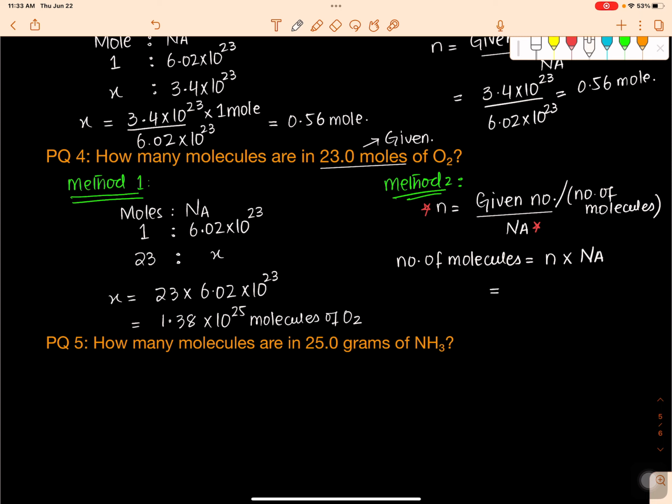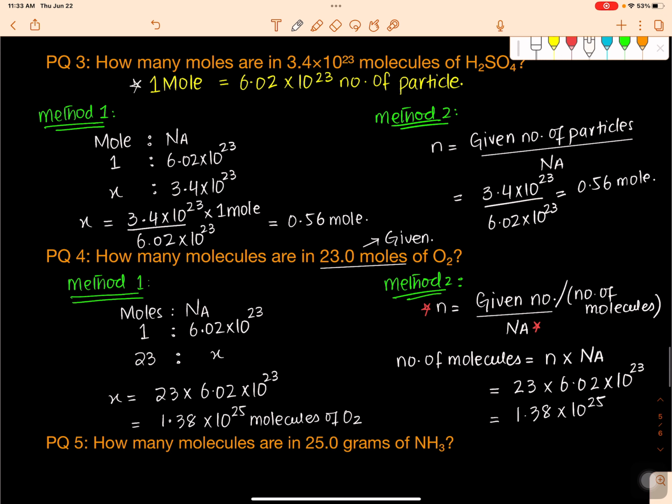So again, it is 23 multiplied by 6.02 times 10 power 23. So we get the answer, which is exactly the same, 1.38 times 10 power 25.